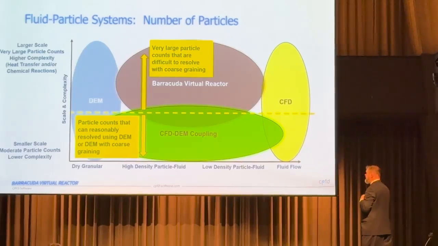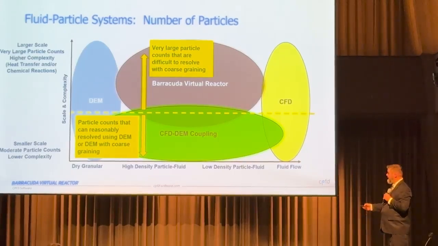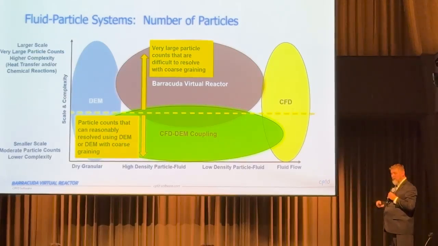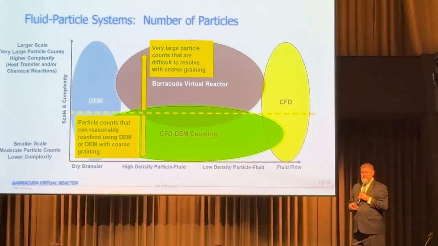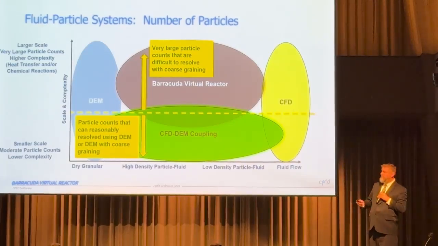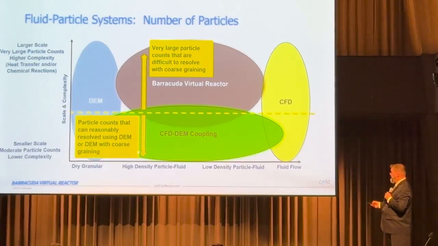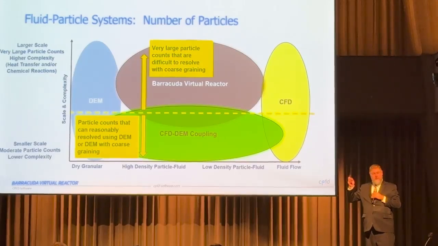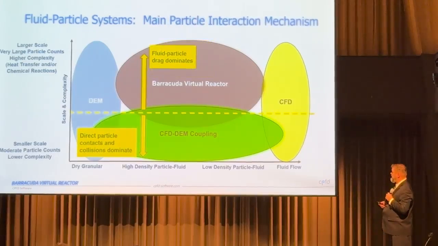But you can look at this in other ways. You can look at particle counts. If it's a small particle count system, and small is relative, please keep this in mind, typically that's where CFD-DEM, sometimes with a coarse graining approach, works. As you go to very large particle counts, that's where Barracuda Virtual Reactor has a very distinct advantage.